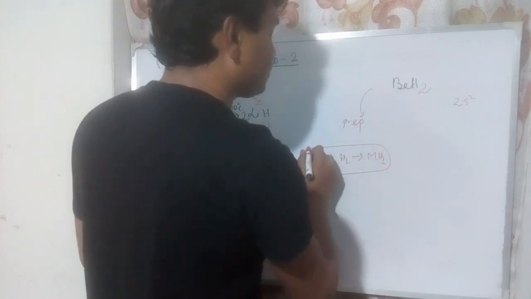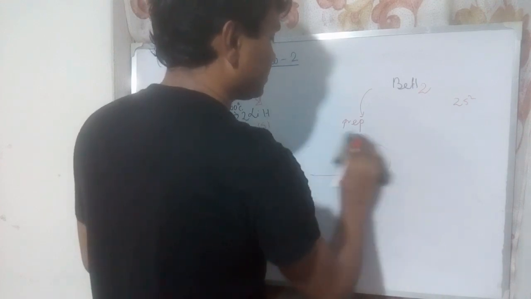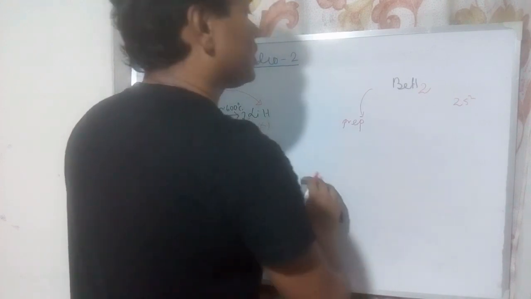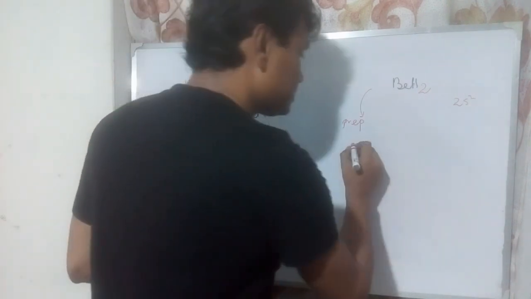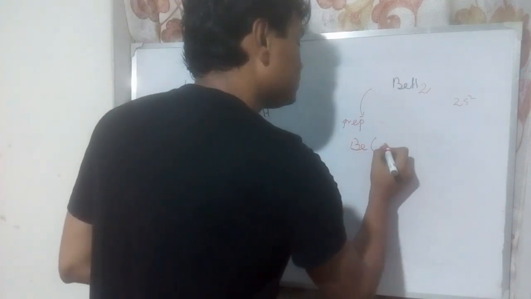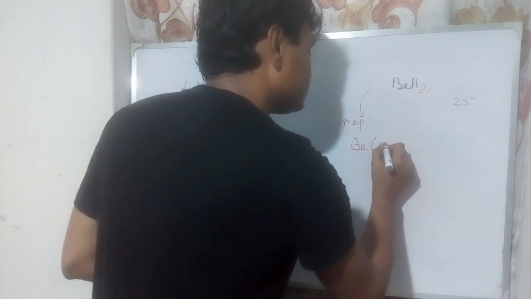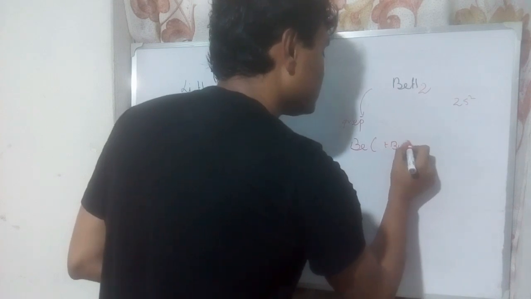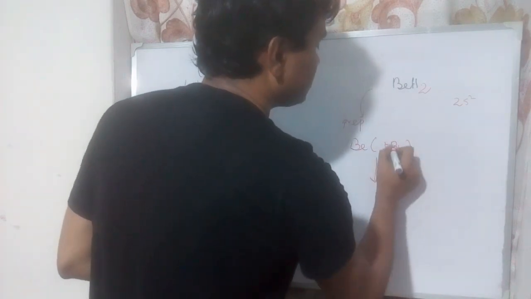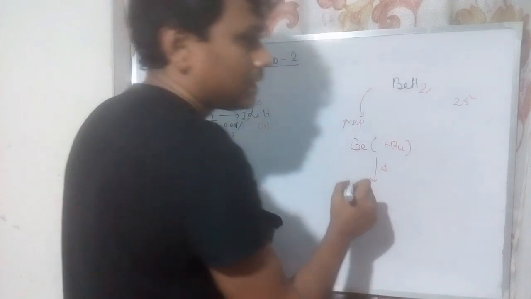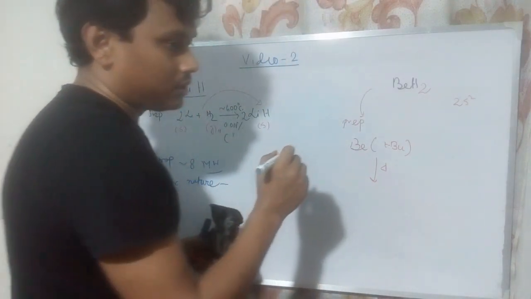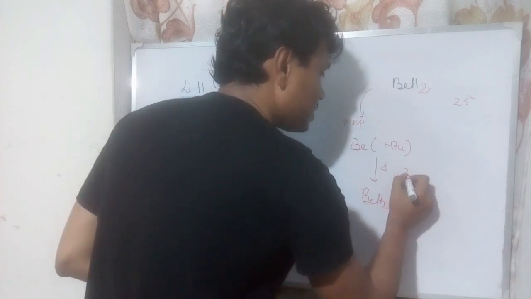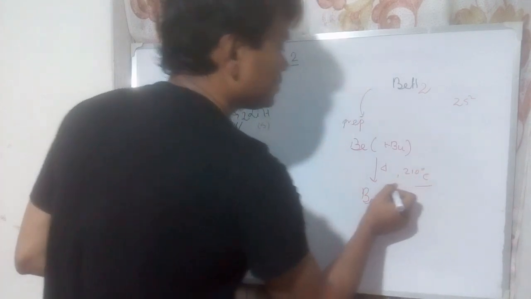Only beryllium does not participate in this type of reaction, but this material could be prepared in a different way, that is, from tertiary butyl beryllium. Heating this tertiary butyl beryllium will result in the formation of beryllium hydride, and the temperature required is around 200 to 110 degrees centigrade.